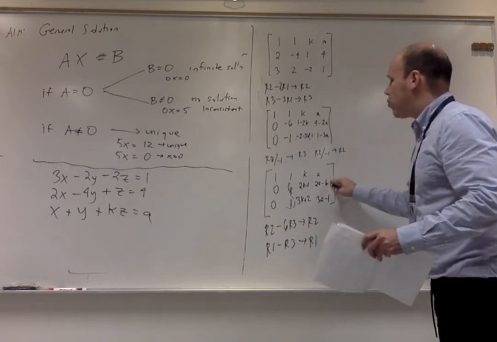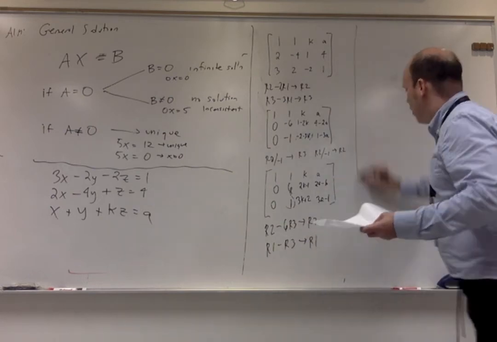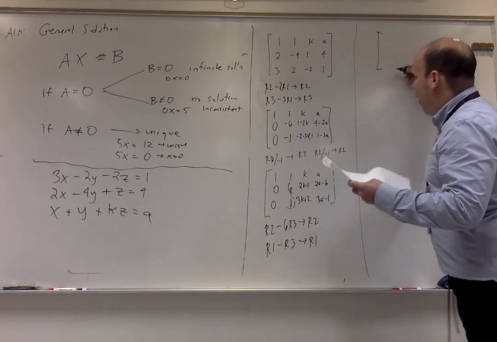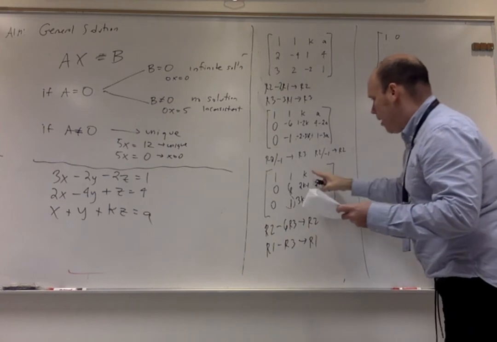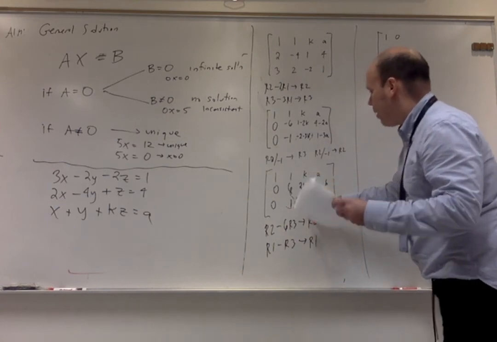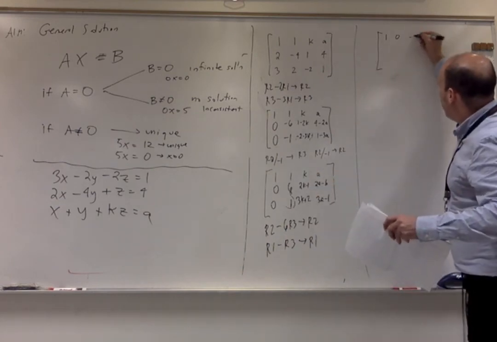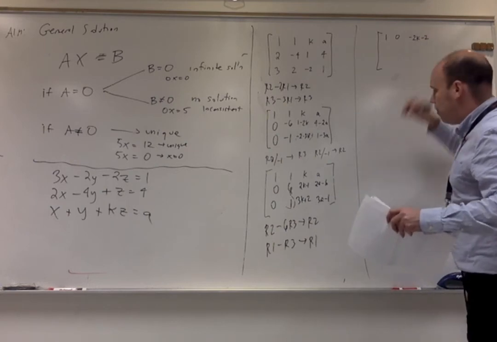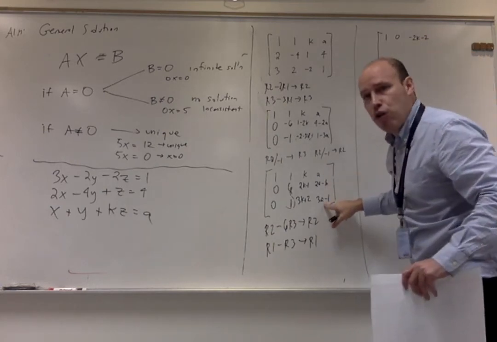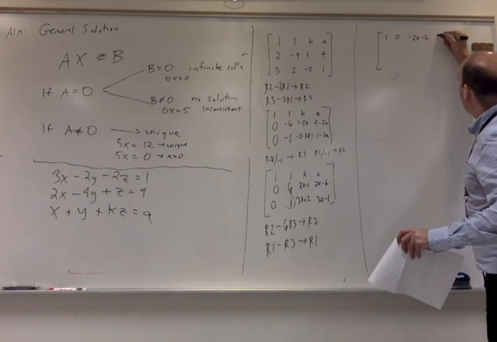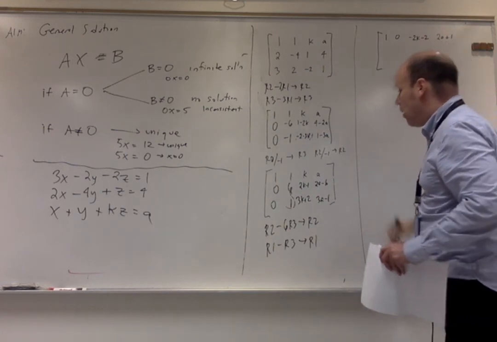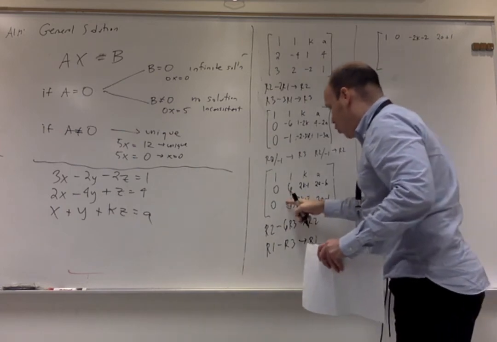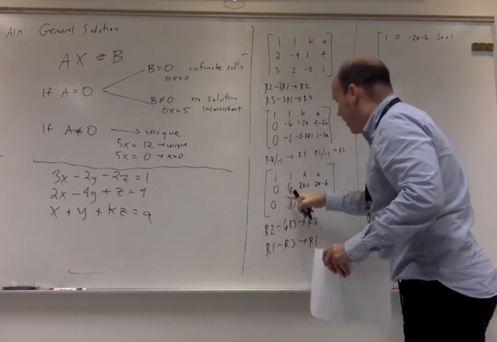But I'm a little interested in this. Let's see what happens. So I have 1, 0, then K minus 3K plus 2 is negative 2K minus 2. A minus 3A minus 1 is 2A plus 1. Next, row 2 minus 6: 6 minus 6 is 0.